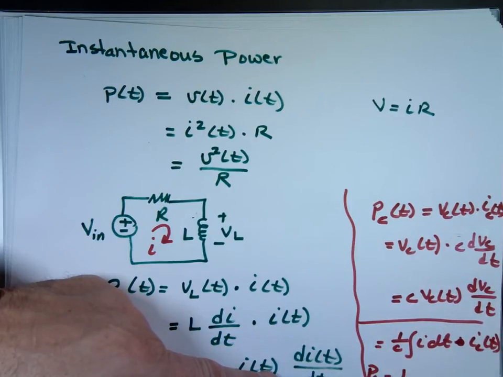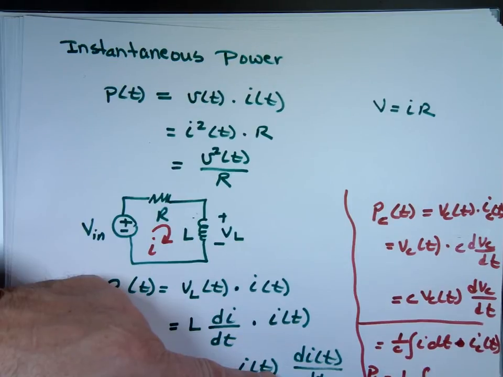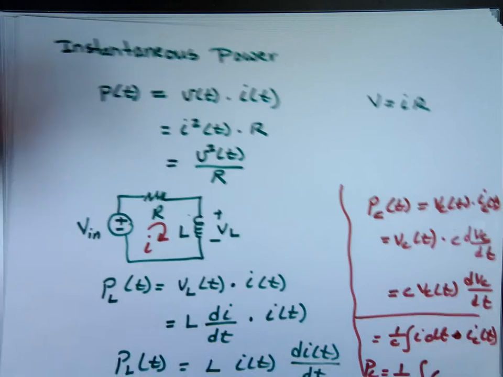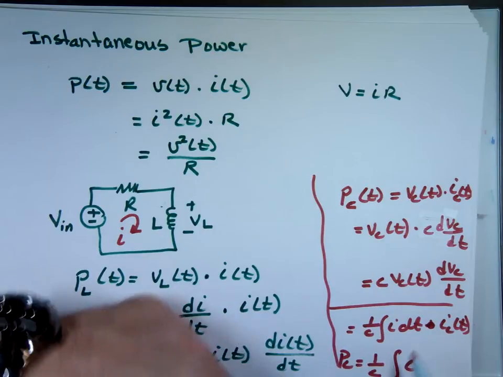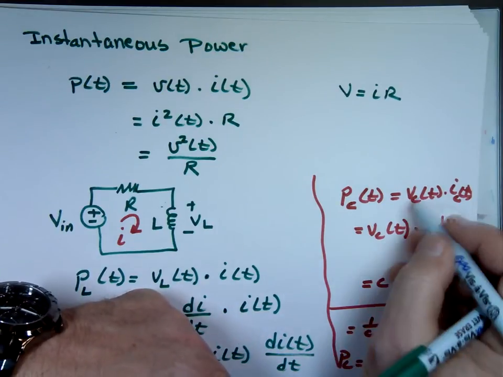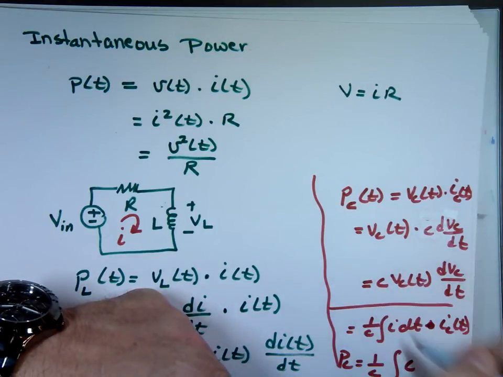So it's 1 over C, the integral of I times I is I squared. Can you move the paper up a little bit? That I dt times I. That's Vc. V equals 1 over C, the integral of I dt, times the current.